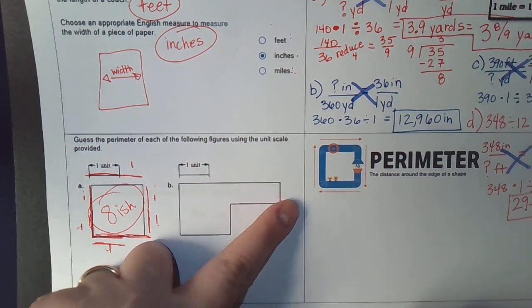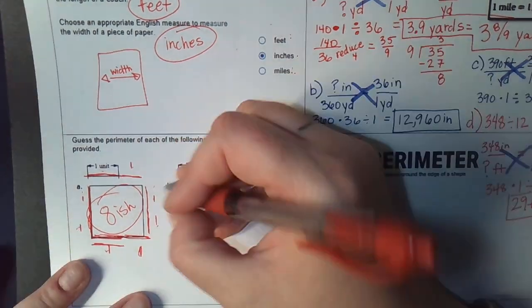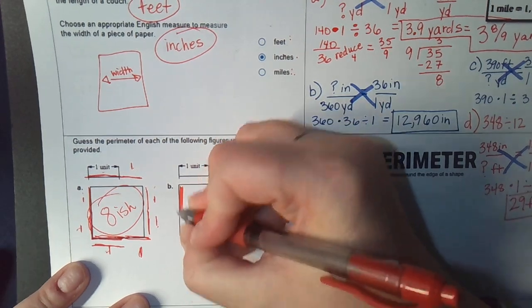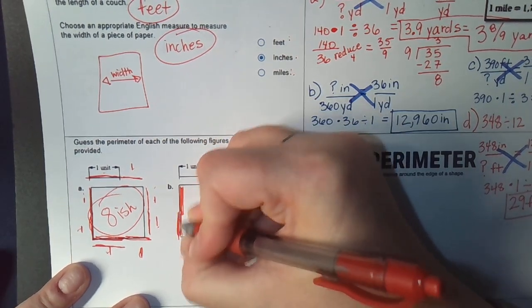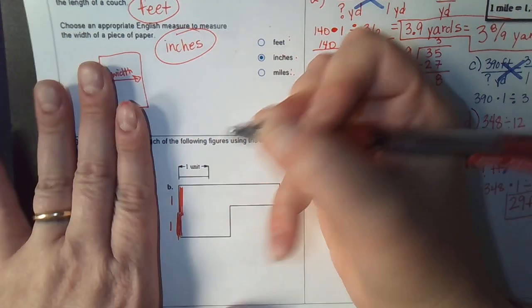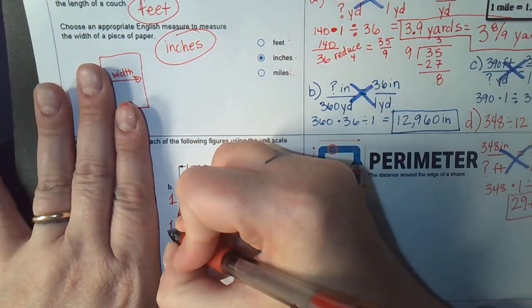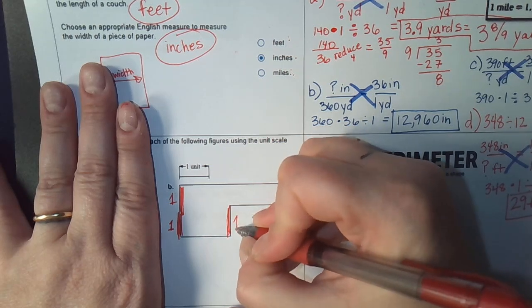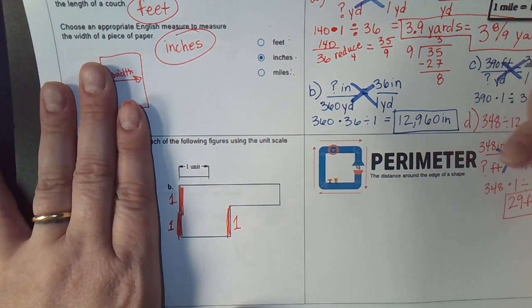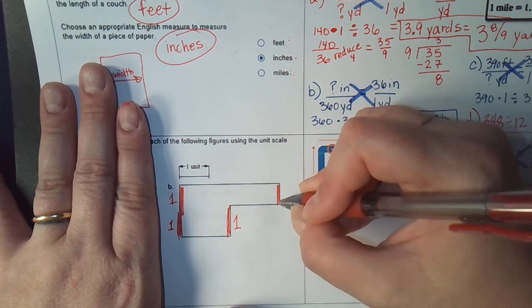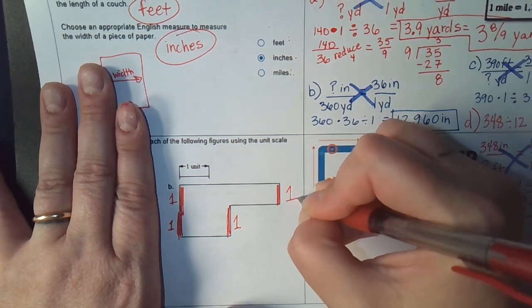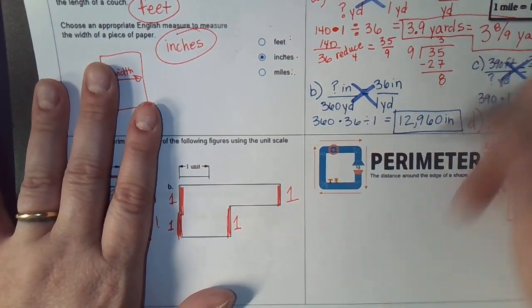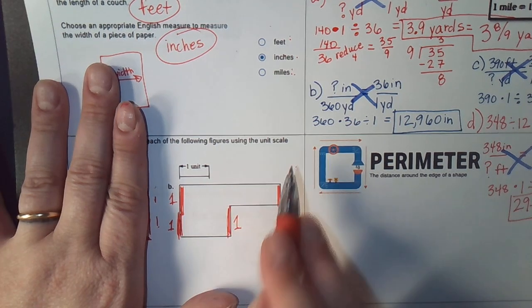All right, let's look at this one. Okay, let's say it has 2 on the side. Let's see, this looks like 1 also. This up and down looks like barely 1, but close enough. Okay. And then how many ones across will we have on the top?